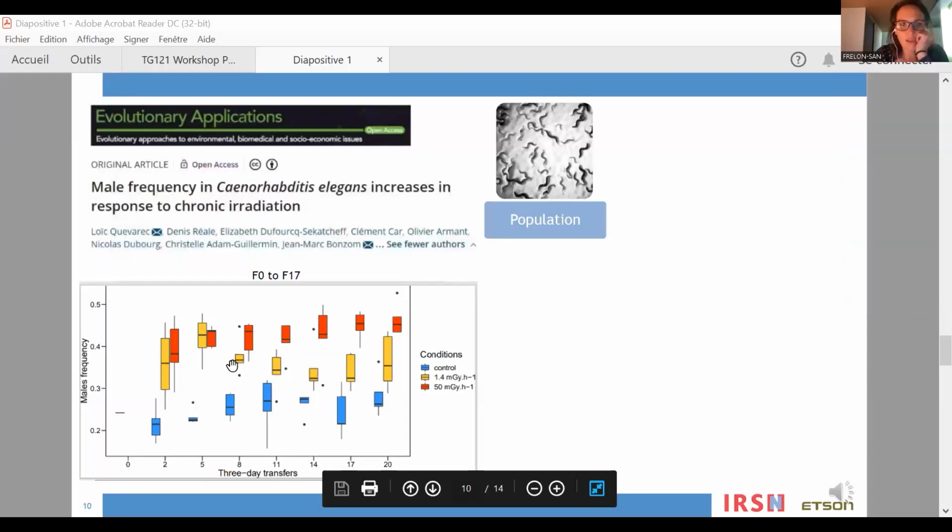Was that after 17 generations? I can come back to the presentation if you want. Because I quickly wrote something down, but I saw something go up and then go down again. Yes, you're right. I think there are two different behaviors depending on the dose rate.